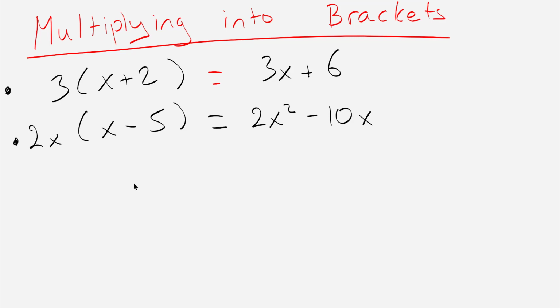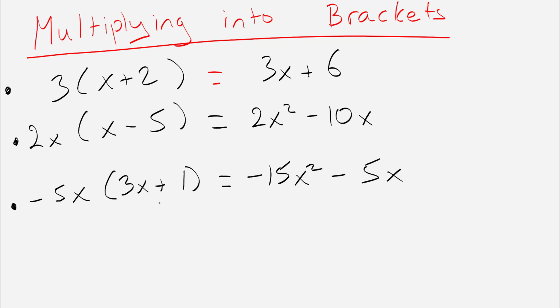Okay, let's keep looking at some examples here. Let's say I have minus 5x times (3x plus 1). What will that equal? Well, minus 5x by 3x. Minus 5 by 3 is minus 15, and x times x is x squared. So minus 5x times 3x, that's minus 15x squared. Then minus 5x times plus 1 would be minus 5x.